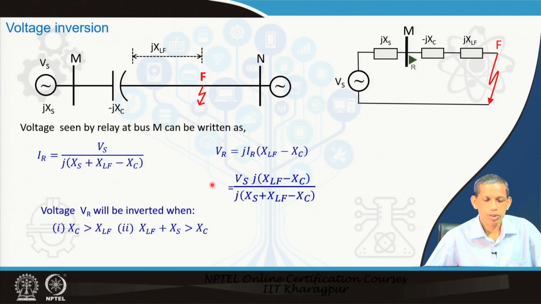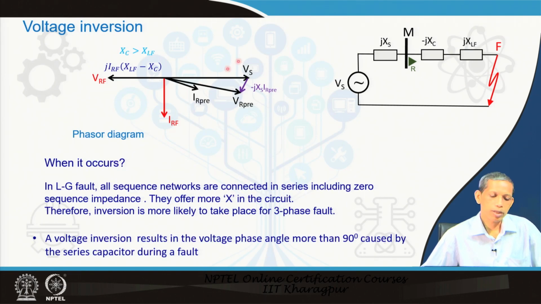So, we see current inversion for a particular condition of the circuit, and we have voltage inversion for a particular situation of the circuit. Now, similar to the current inversion, let us draw the phasor diagram for the voltage inversion, for the same network. We have V s minus j x s I pre, which becomes V pre as observed by the relay.